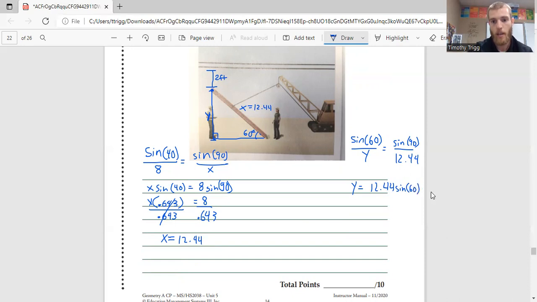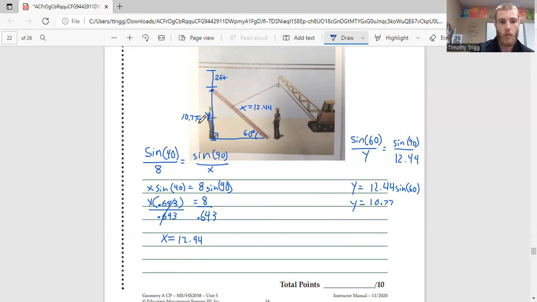I hope you're writing this all down. 12.44 times sine of 60 gives us that y is 10.77. Okay, so how high are the wires?